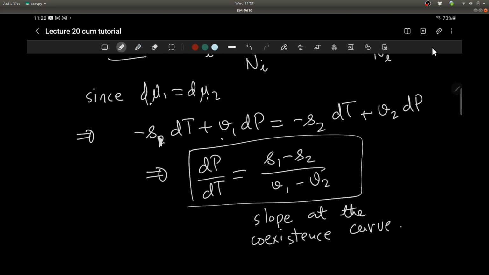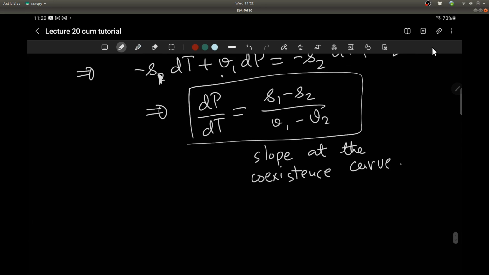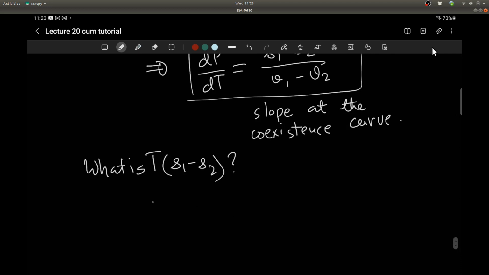Okay, so now let's try to decide what S1 minus S2 is. Let me multiply it by T. It is the latent heat per particle.